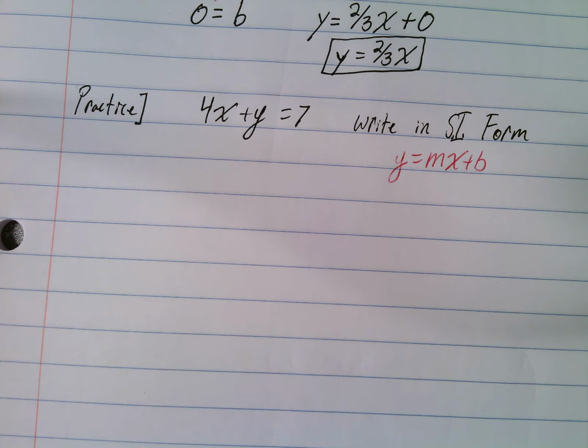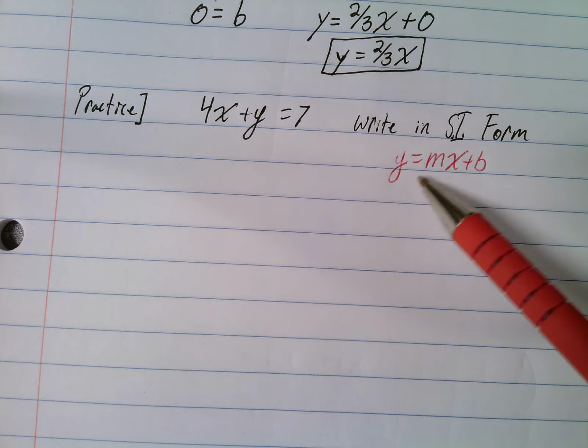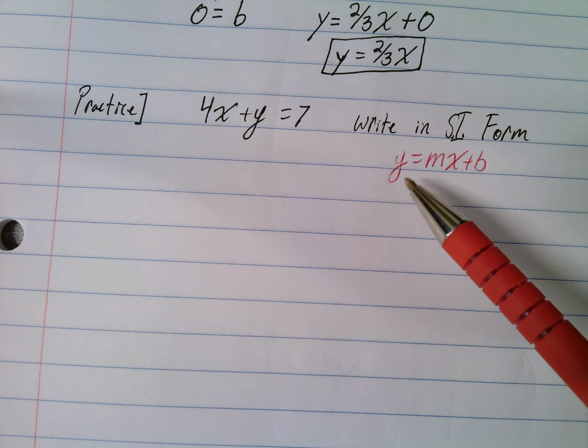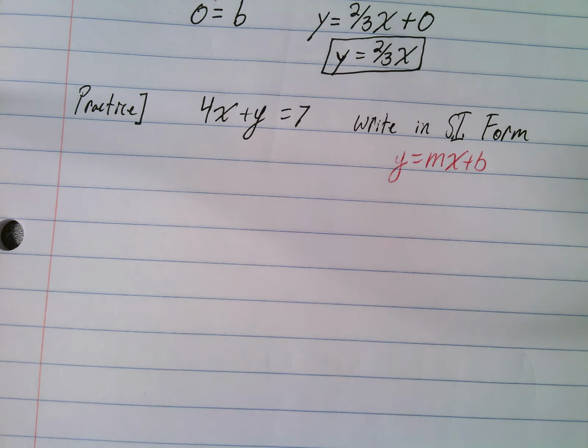Okay, it's not exactly what we're looking for. Not just the b and the slope. I'm trying to find those, sure, but the goal here, Drew? Yeah, exactly. I'm trying to get y by itself because y is by itself in slope-intercept form. So we're trying to get y by itself.